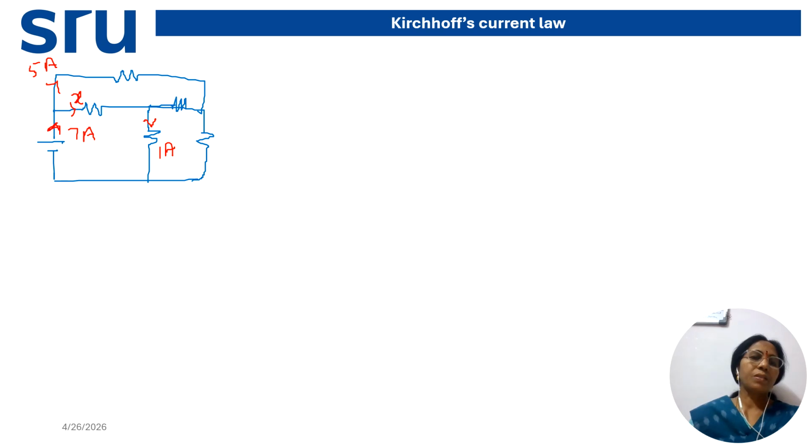So there is a resistor and in that resistance the magnitude of current I am writing as unknown current Y. Then later in this branch also an unknown current Z. So now the question is: find current magnitudes X, Y and Z using Kirchhoff's current law.